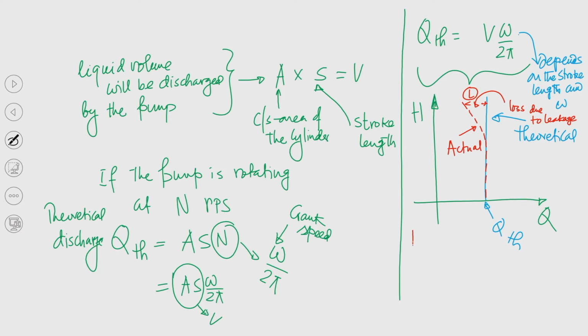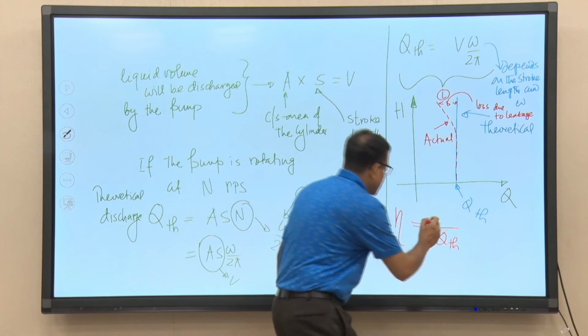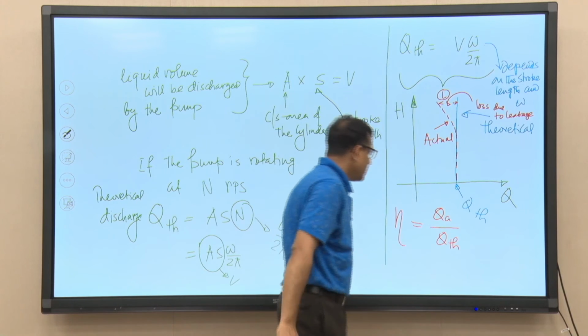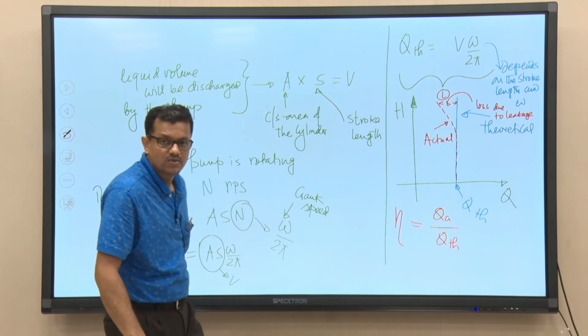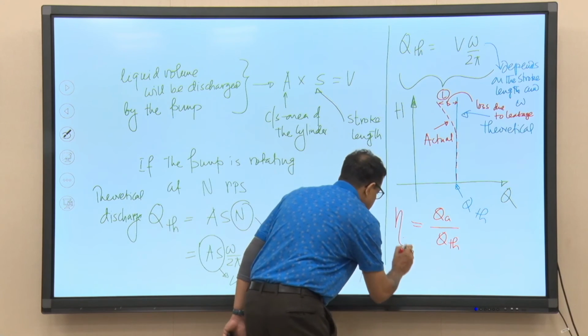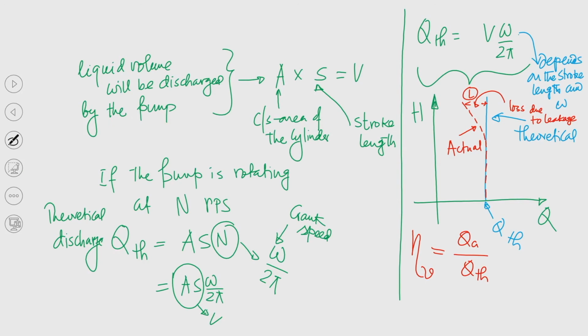Now, we can write the efficiency of the pump. Basically, Q theoretical that we have seen is given by the expression V omega by 2 pi, but in real applications we will not be getting Q theoretical, rather we will get Q actual, and the ratio of these two flow rates is known as the volumetric efficiency of the pump, eta V. So, Q theoretical is Q actual plus something, so Q theoretical is greater than Q actual.